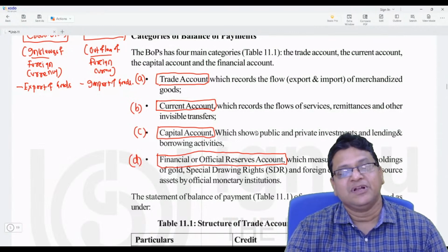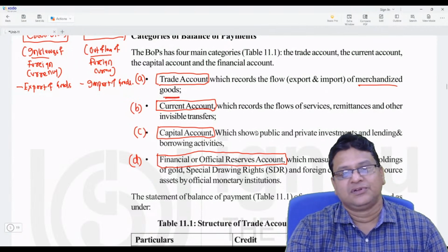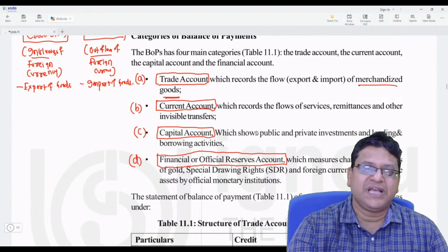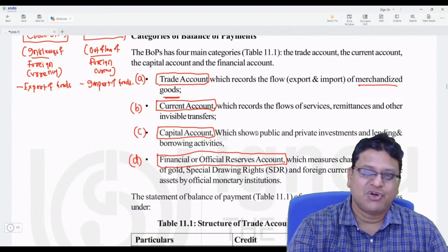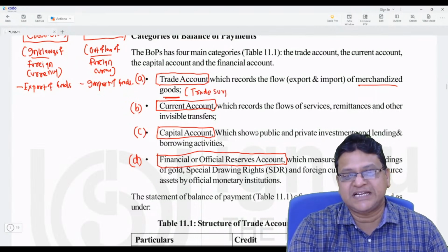What is trade account? Trade account records the flow of goods. The goods account is known as trade account. So there can be trade surplus or trade deficit. What is trade surplus and what is trade deficit?